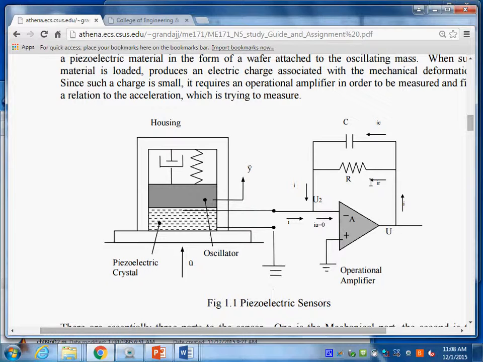And in this case, you also have an operational amplifier and a little circuit. So it is simple, to the point, and it has all the ingredients of a mechatronic system.